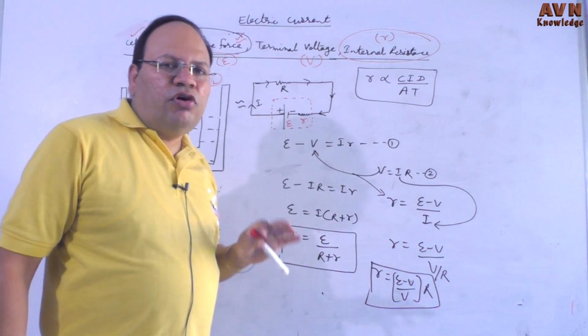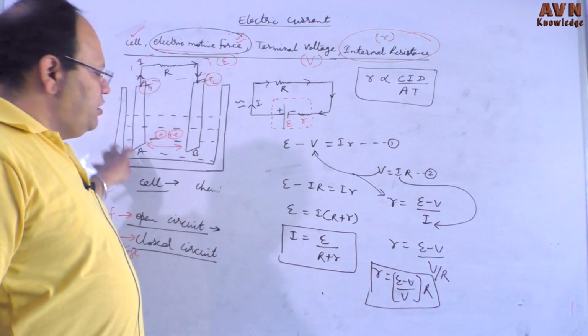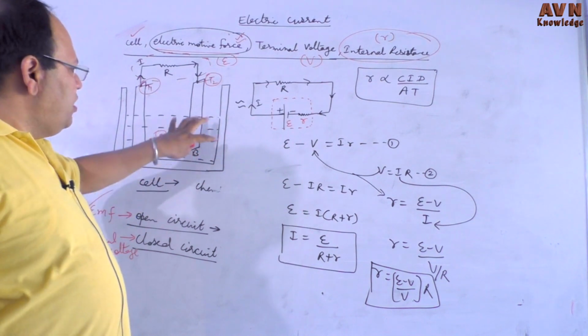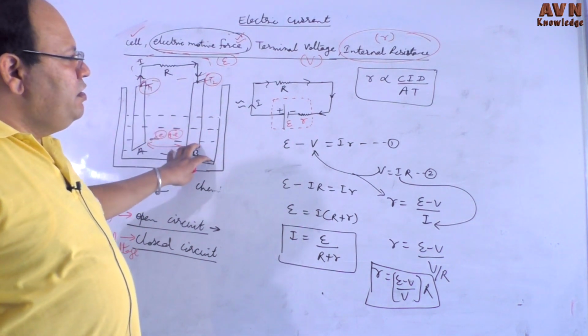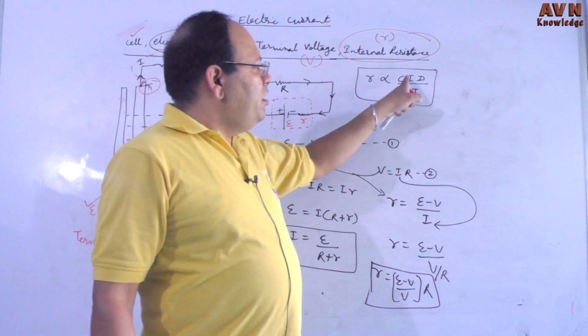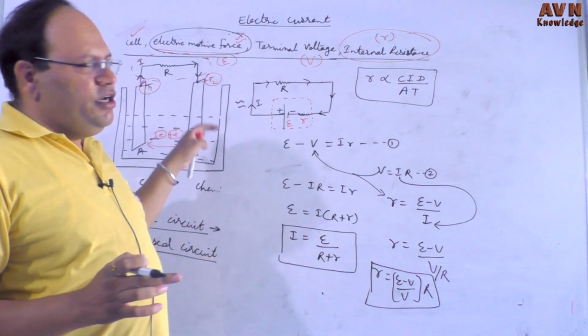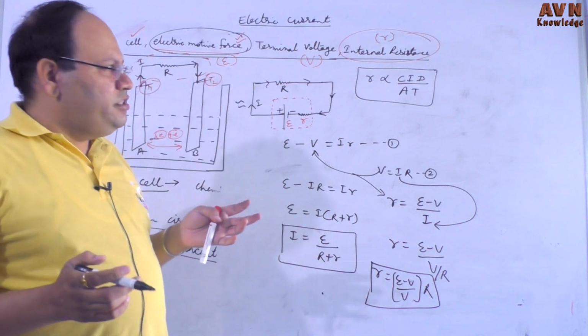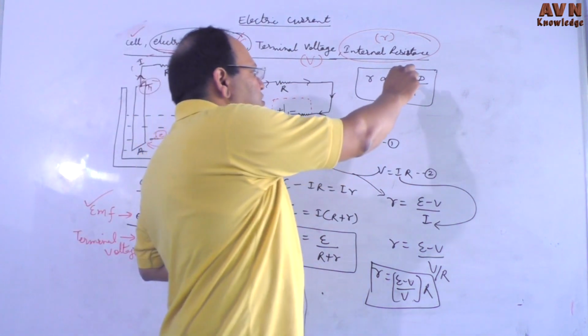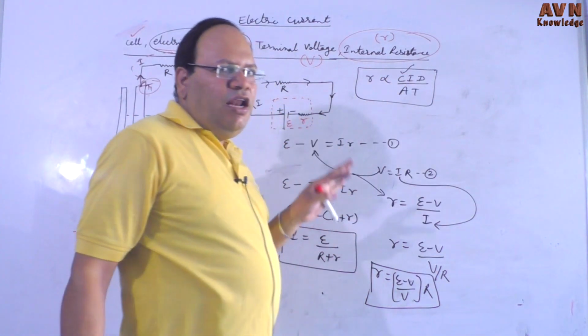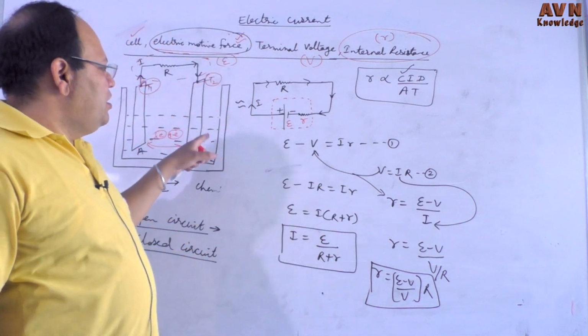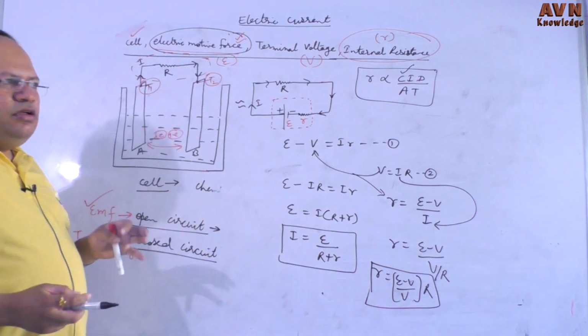C is the concentration of the electrolyte, which is proportional to the resistance. When we increase the concentration of electrolyte, the internal resistance increases. So the first thing is that the concentration of electrolyte increases the internal resistance of the cell.